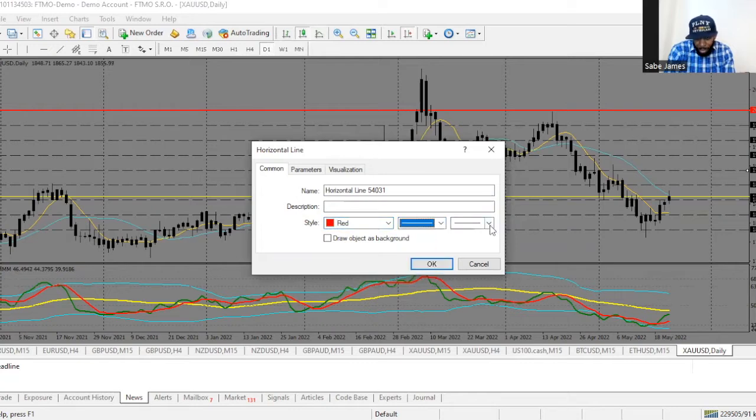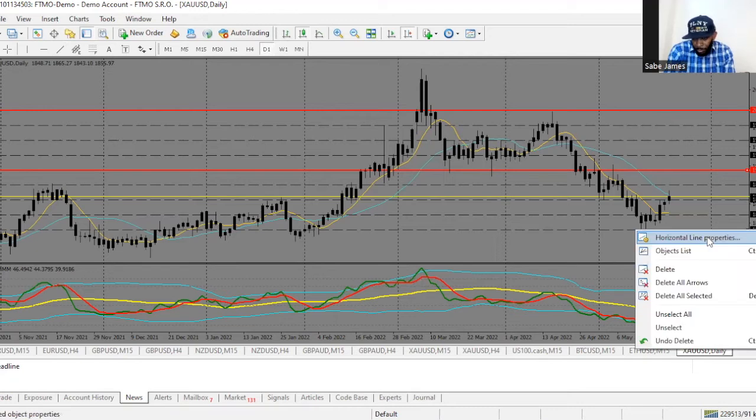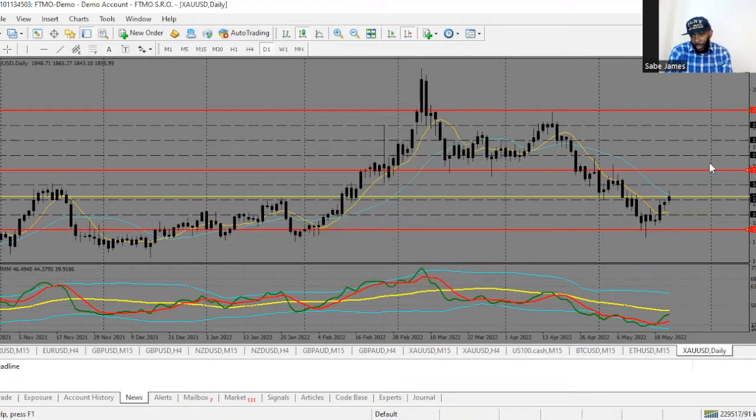Because remember, quarter levels are based on the theory of whole numbers. And what's the 1800 I said? Make this red, solid, and broadband. All right, so we have our major and minor quarters right now. As we see, where is price hovering around? The 1850. All right, so now let's go down to our 4-hour chart.